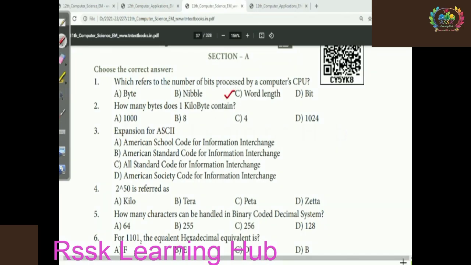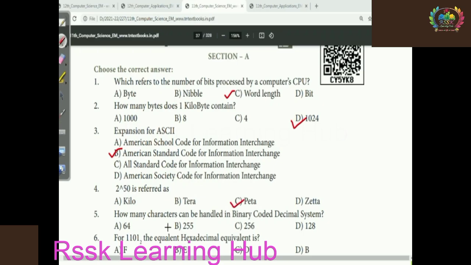Next, how many bytes does 1 kilobyte contain? 1 kilobyte means 1024 bytes. Expansion of ASCII: American Standard Code for Information Interchange. 2 power 50, what is it? Penta. 5 means penta.